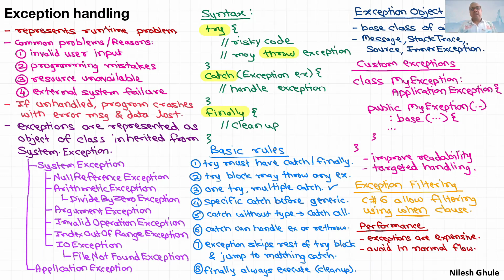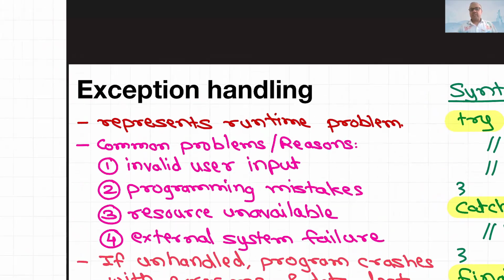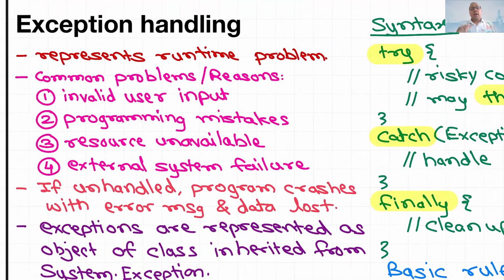What exactly is an exception? As I said, an exception represents a real-world problem, and the common errors that you see at runtime could be invalid user input. Let's say you want to divide two numbers, and if the user enters the denominator as 0, then this application will fail at runtime.